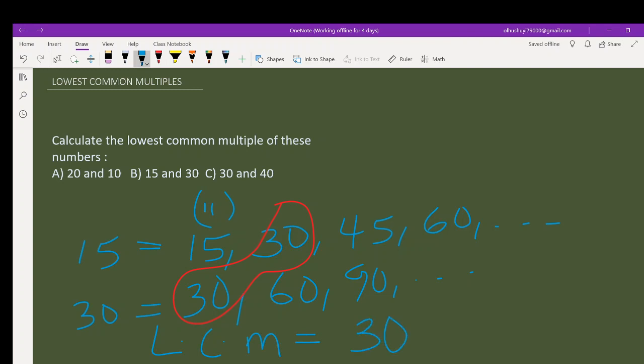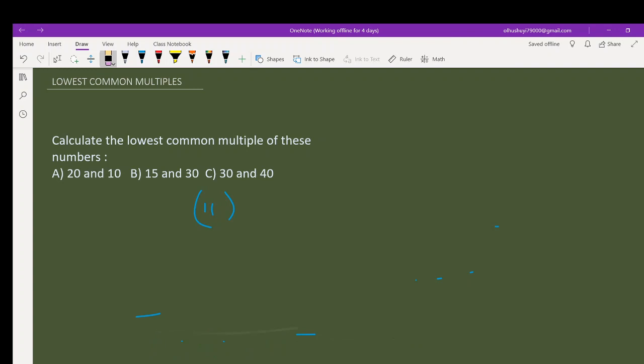There's another approach, the repeated division method that we use for HCF. We can use it here too, but bearing something else in mind. It's not compulsory. The divisor divides the two numbers. We did 20 and 10, and our answer was 20.